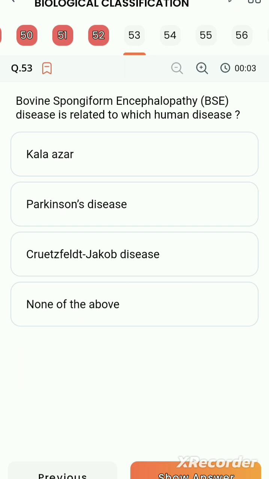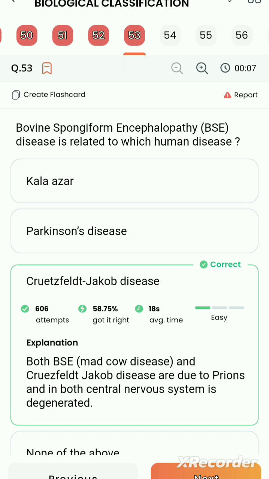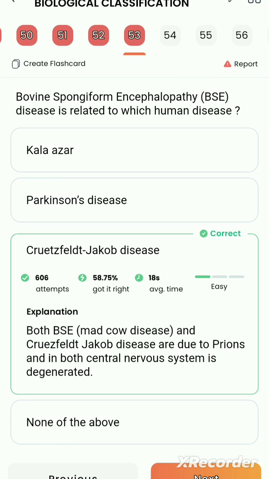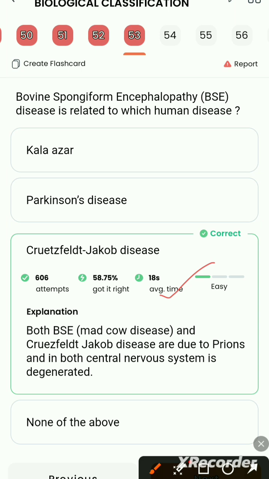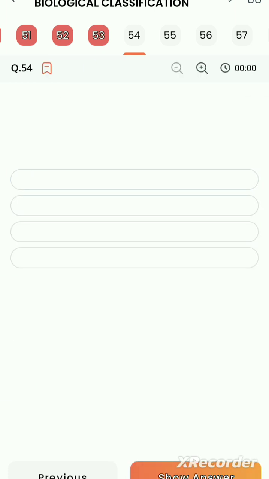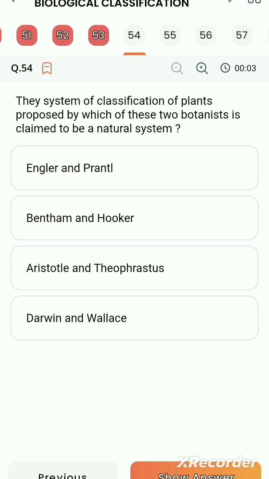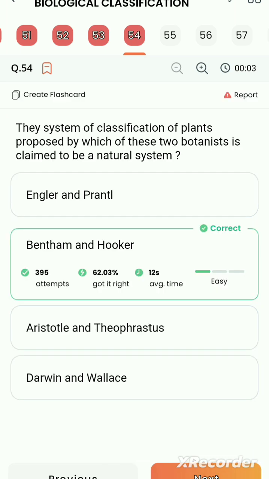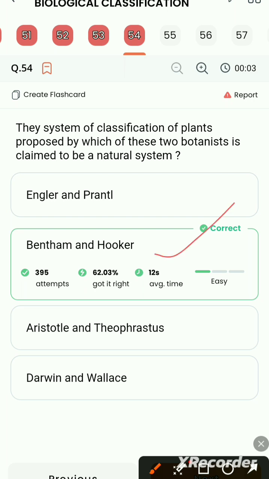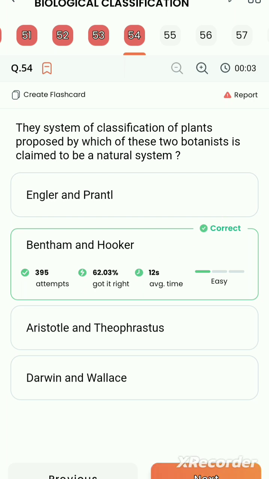Bovine spongiform encephalopathy disease is related to which human disease? Option C. That is the mad cow disease, and the Creutzfeldt-Jakob disease are due to prions, which affect the central nervous system. The system of classification of plants proposed by two botanists, which is a natural system, that is Bentham and Hooker.